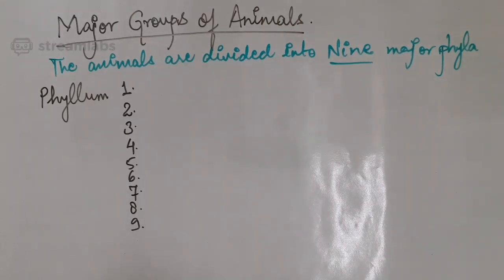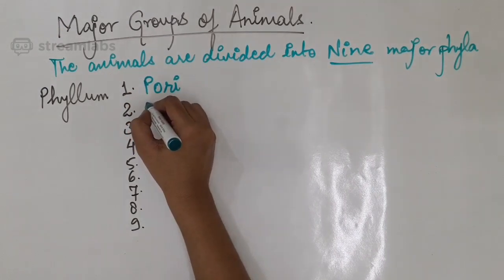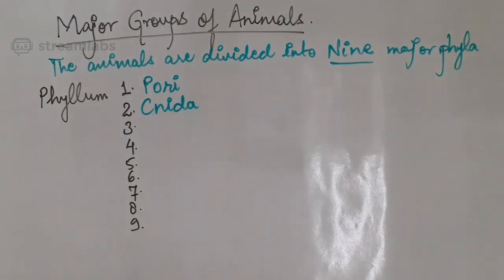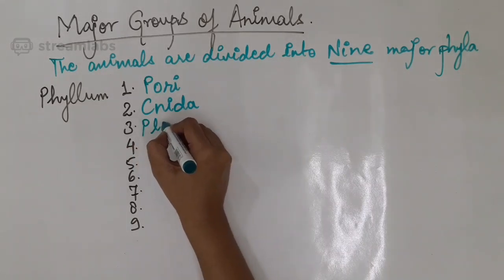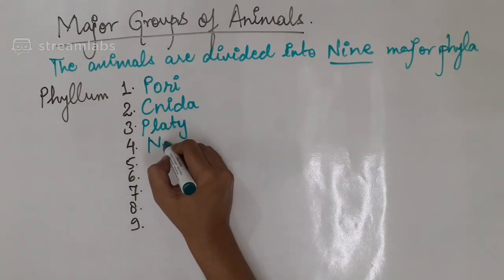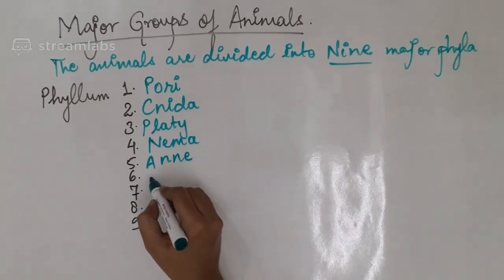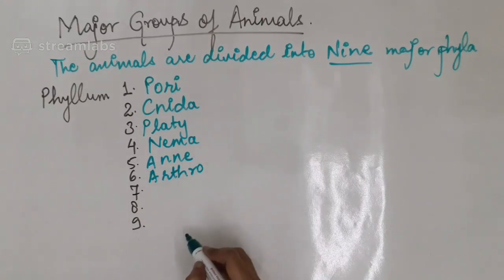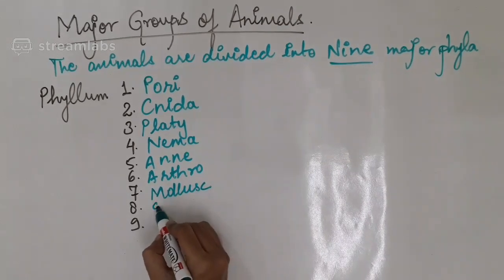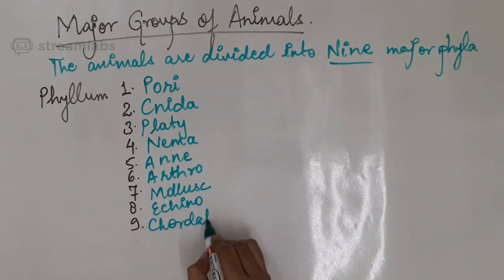आपको एक और फॉर्मूला याद करना है, that is Porinidae. Cnidae में C silent है. Porinidae, then Platy. Porinidae Platy, Nema, Ane, Arthro, Mollusk, Echino. Last is phylum Chordata.